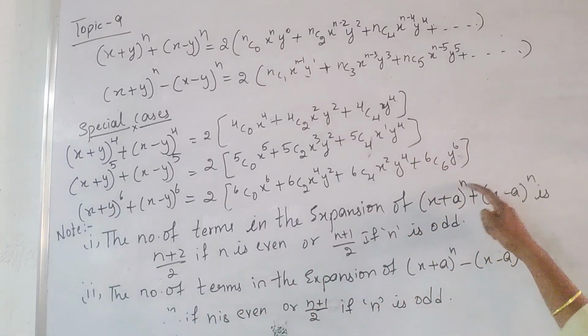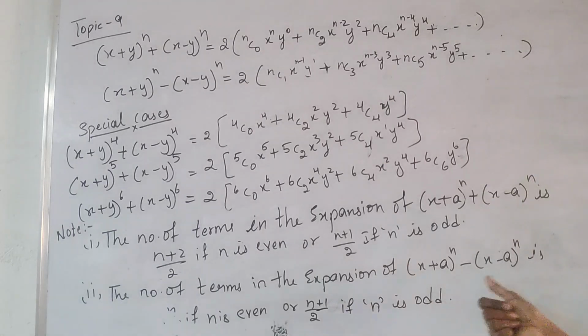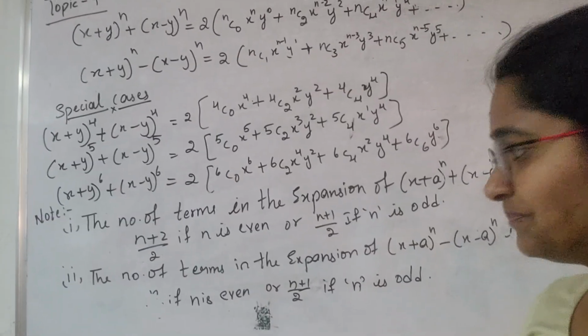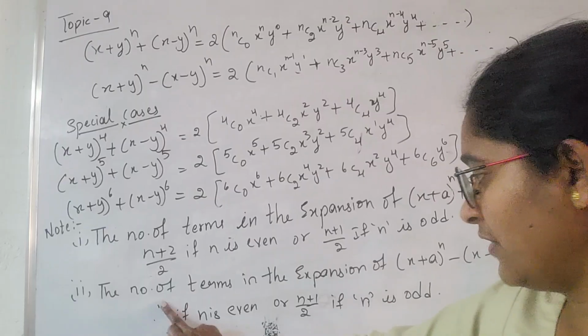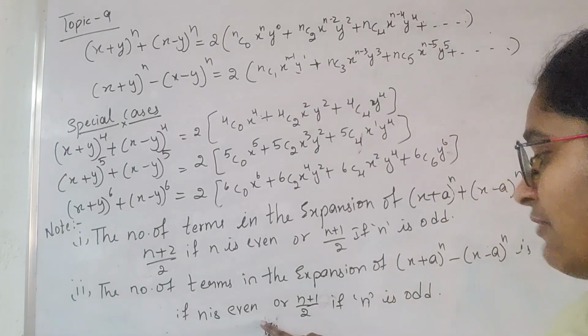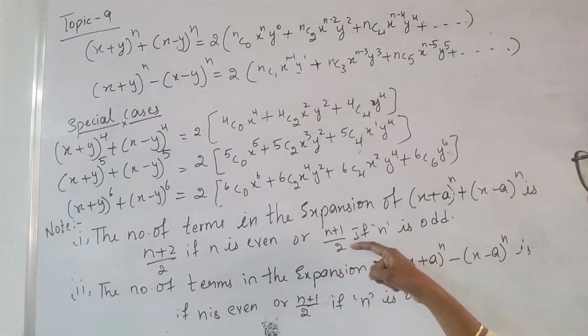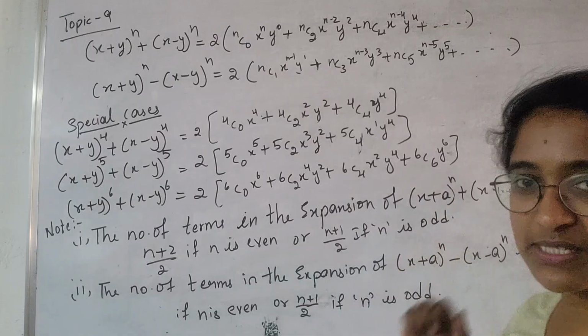And this is all for the plus terms. Now if it is minus, what are we going to get? If it is minus and n is even, then n by 2. Here I used (n + 1)/2 when it was a plus and the number was odd.